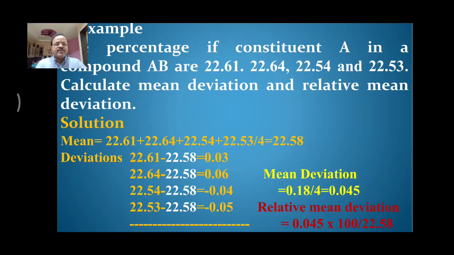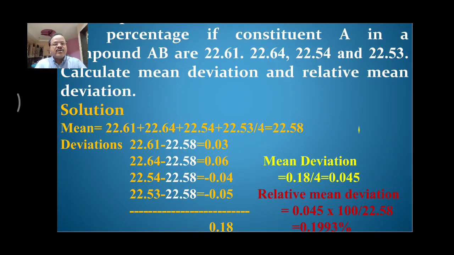Now what is the mean? So mean is the average of all these readings. So here all the readings are summed up, divided by the total number of readings, 4, and that comes to be 22.58, that is the mean.